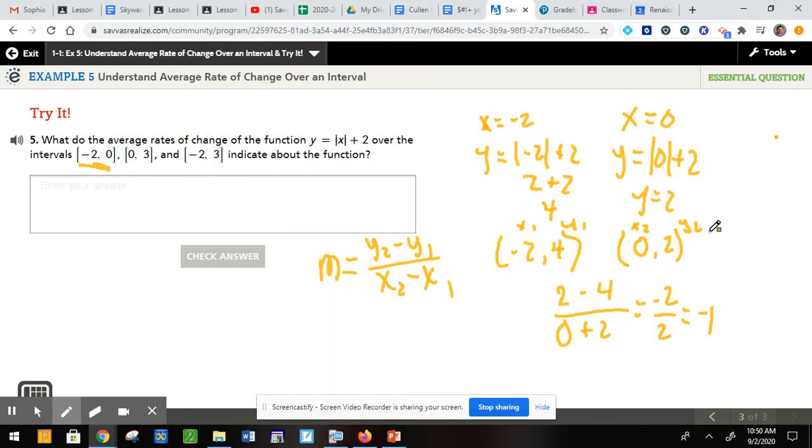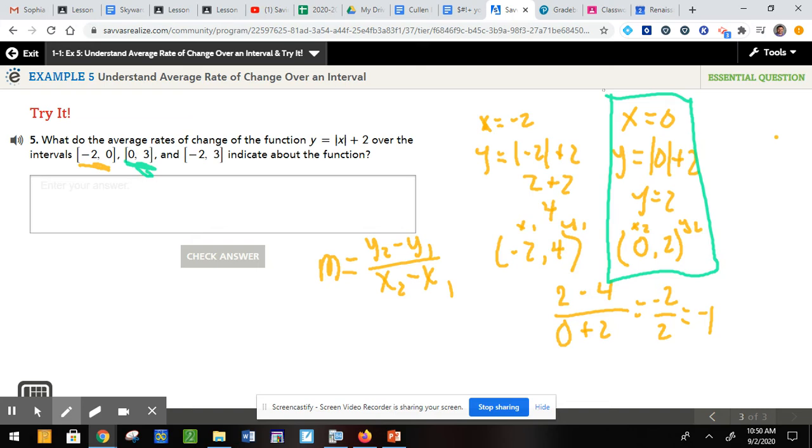The next interval, let's talk about that one with a different color. The next interval, 0 to 3, has an x value of 0. So this part is my first, I don't need to redo that, right? It's the same. 0 ended the first interval and it begins the second interval.